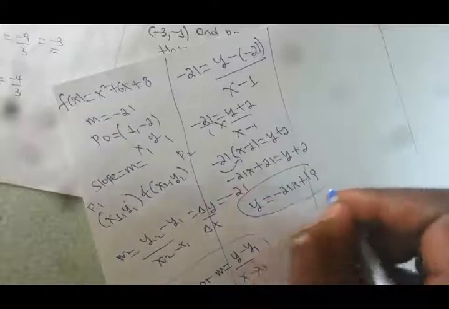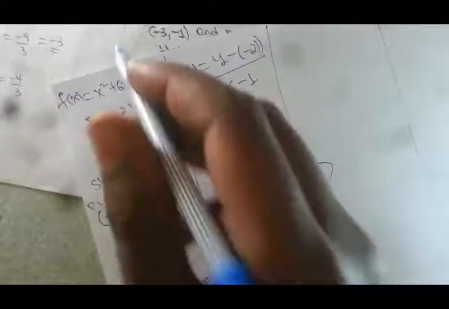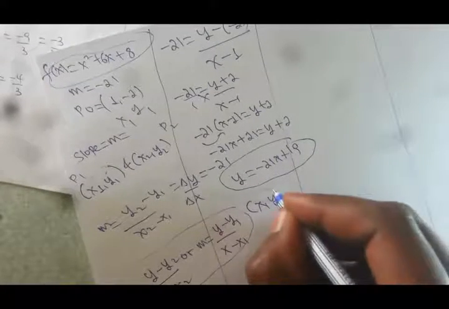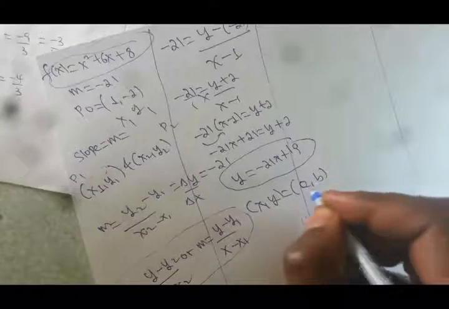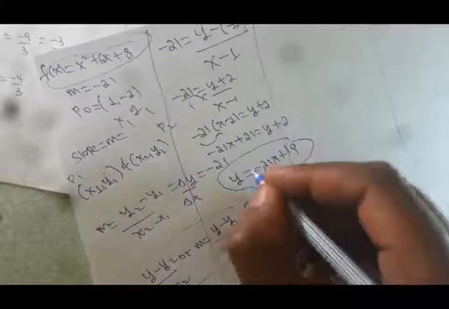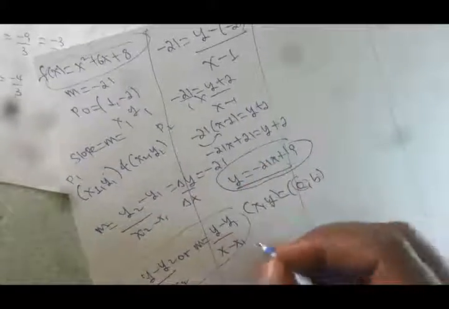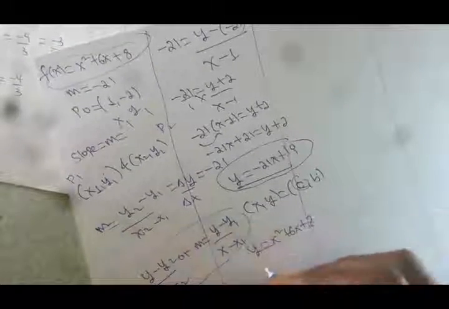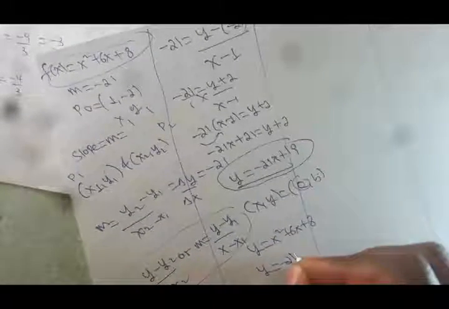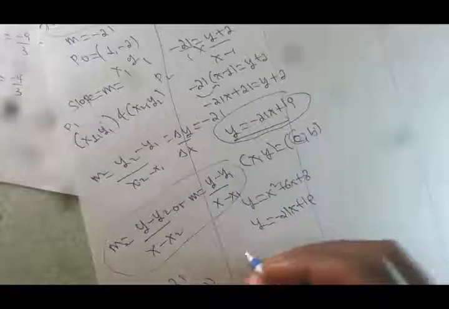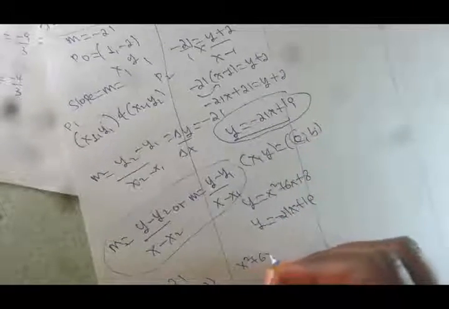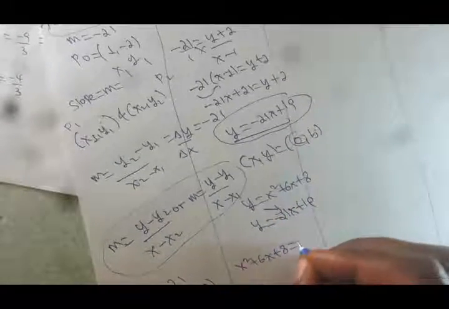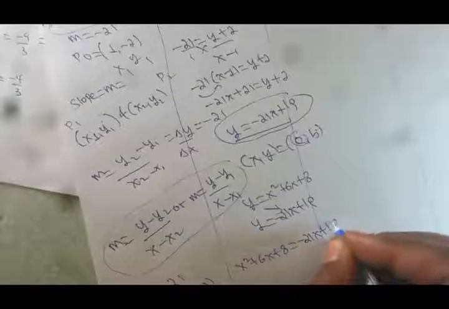And we are given that this equation and this equation intersect at a point, x, y. This point is equal to (a, b), and we are asked to find these 2 points. Therefore, we have to equate them. y is equal to x square plus 6x plus 8, and y is equal to the line's equation. We have to equate them. Therefore, x square plus 6x plus 8, in terms of y, we will insert, is equal to the line's expression.